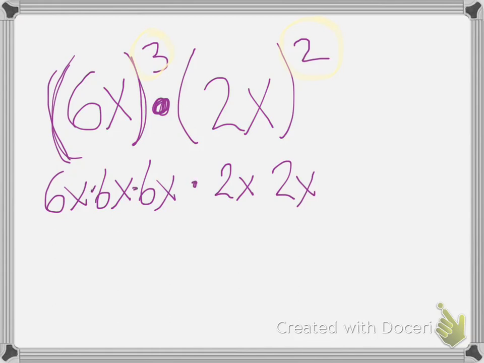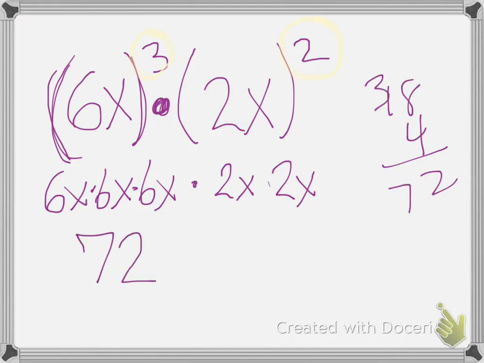And really these are all being multiplied together. So now I can take all my whole numbers. 6 times 6 times 6, brain fart, 18 times 2 times 2, so 18 times 4, 72. So it'd be 72, and then count your x's. 1, 2, 3, 4, 5, so x to the 5th.